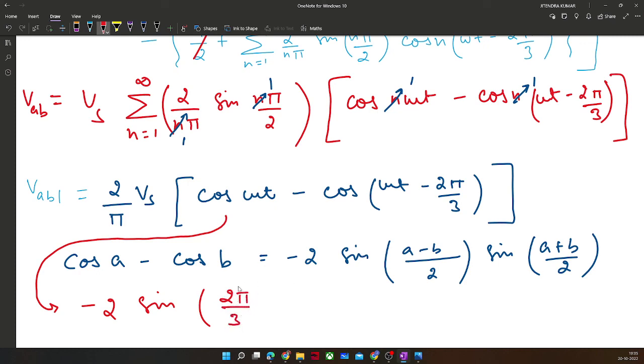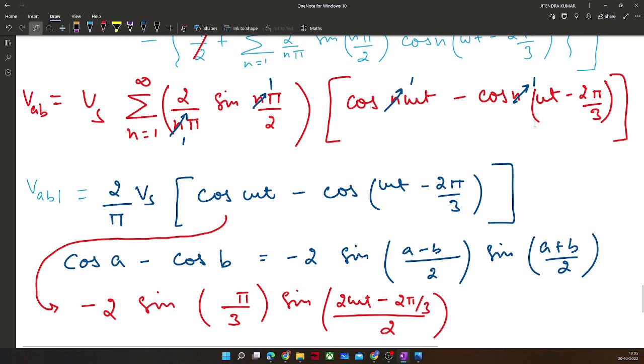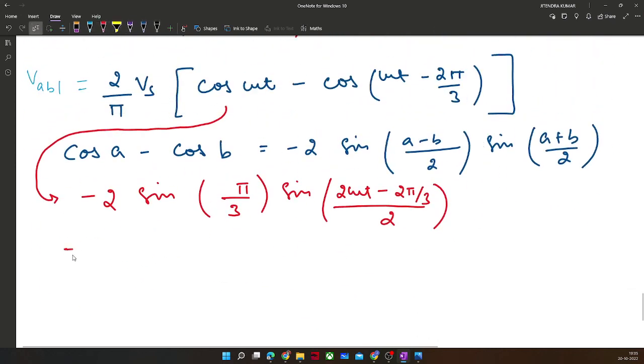And sine of A plus B by 2, omega t plus omega t, so 2 omega t minus 2 pi by 3, by 2. Further, it will lead to minus 2 sine pi by 3. Sine pi by 3 is root 3 by 2, sine omega t minus pi by 6.